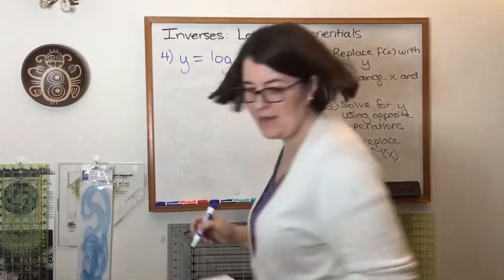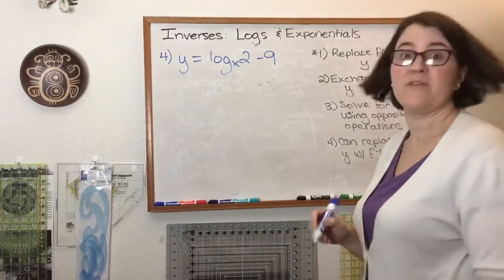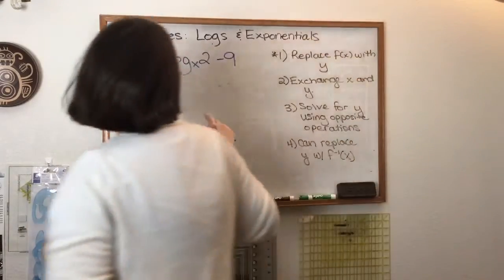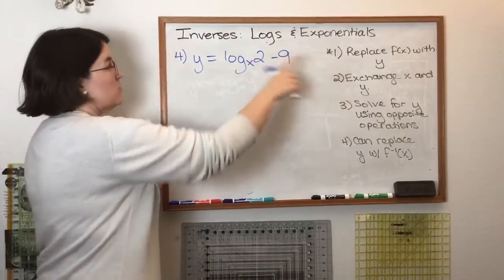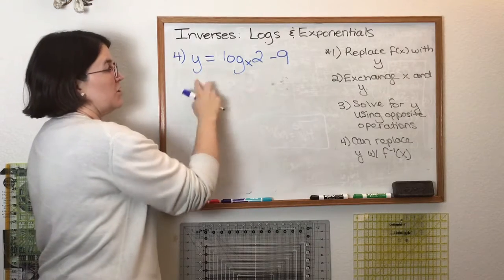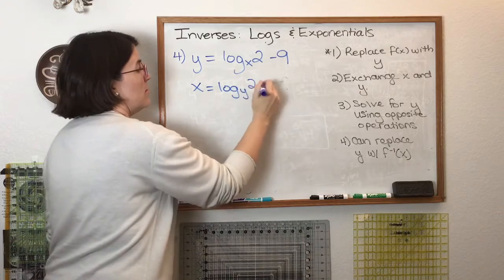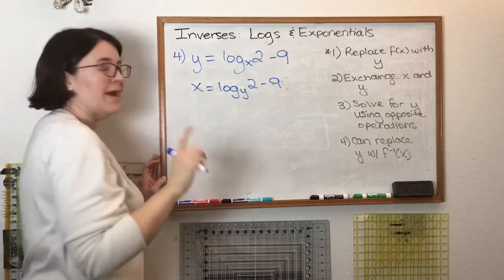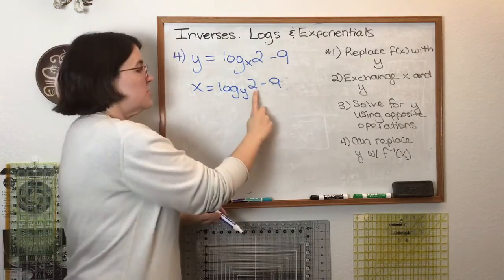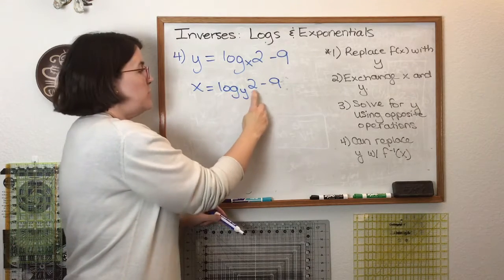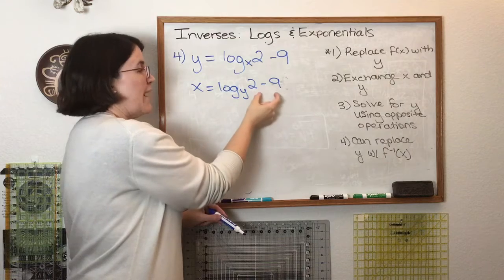So I'm going to try this one and see how it goes. I haven't done this problem before, so hopefully it's not a super hot mess. First step is to replace f of x with y. We already have y, so now I'm going to exchange the x and the y. Okay, now I'm going to get the y alone. Now this is really bizarre. This says log base y of 2 minus 9, and it's very tempting to subtract these two.